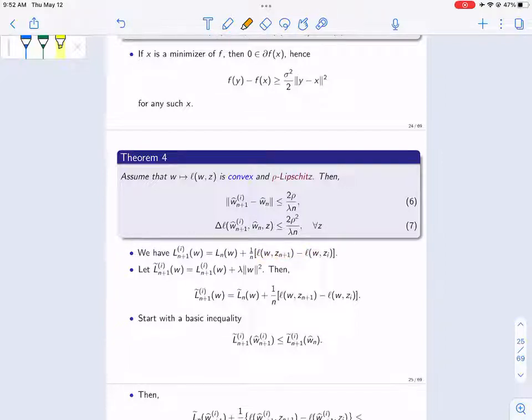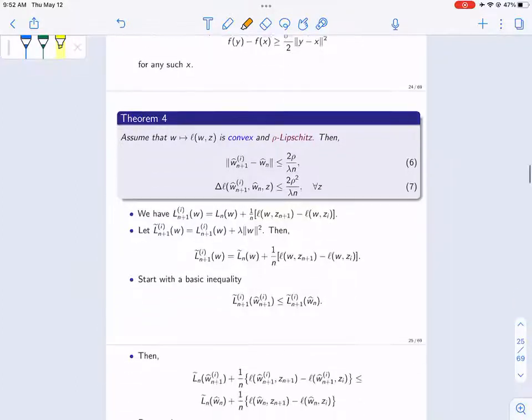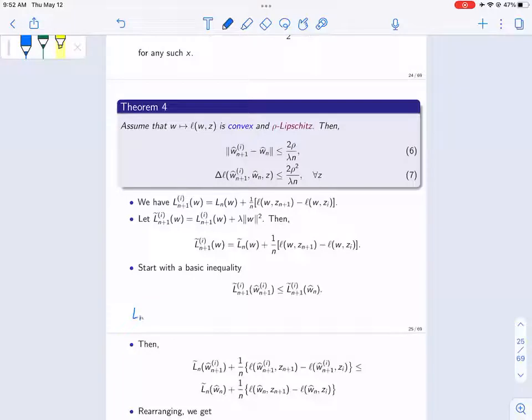Remember, L_n(W) is 1 over n, summation i from 1 to n, of l(W, z_i), and L_{n+1}^i is the summation over j from 1 to n plus 1, except j not equal to i. We just remove that.